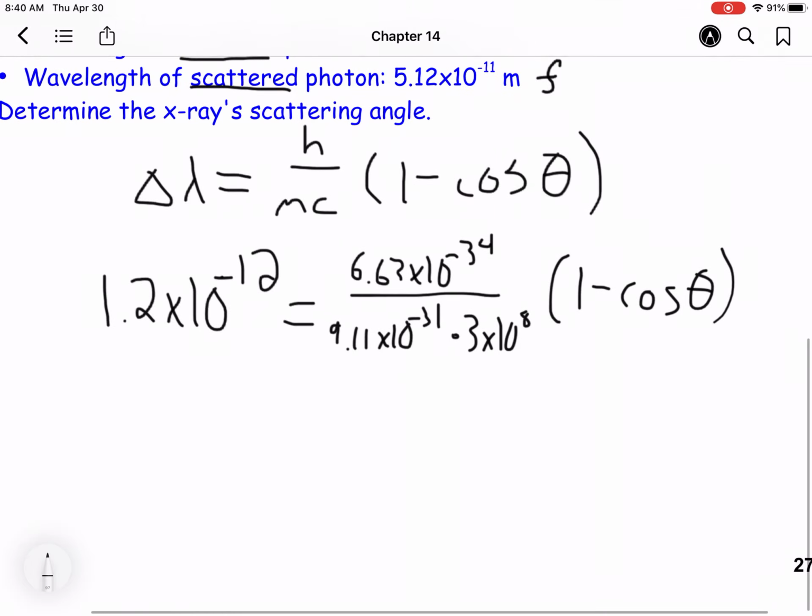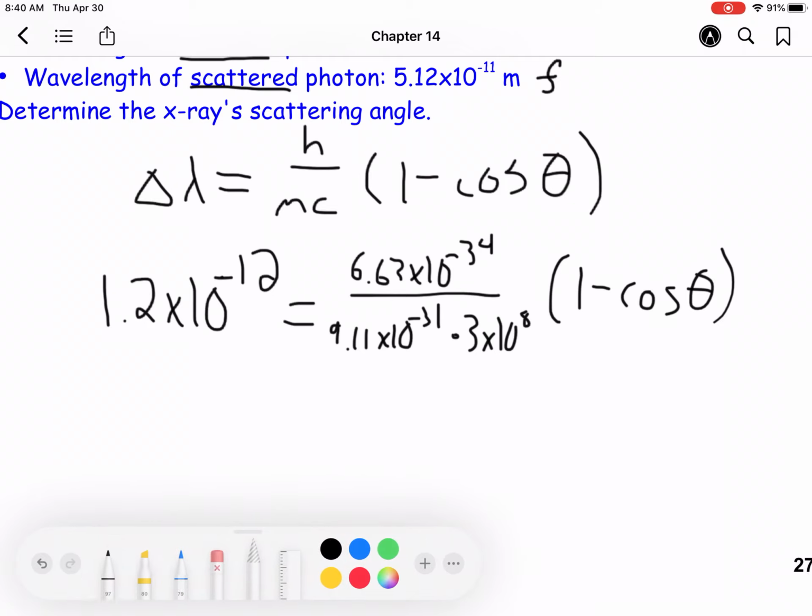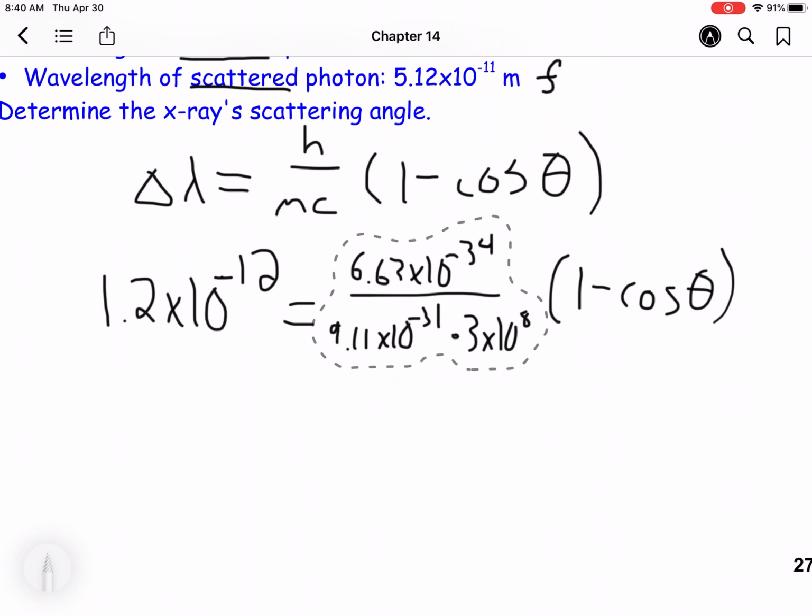What we're going to do here is take this whole thing right here, simplify it, and this number gets divided by whatever this is. Make sure when you're dividing this that you have the denominator all in brackets, or divide twice, whichever works better for you. Now you should get 2.42 times 10 to the negative 12.